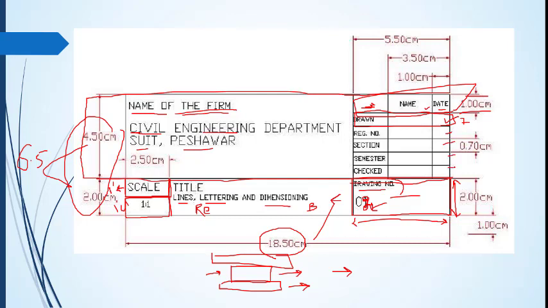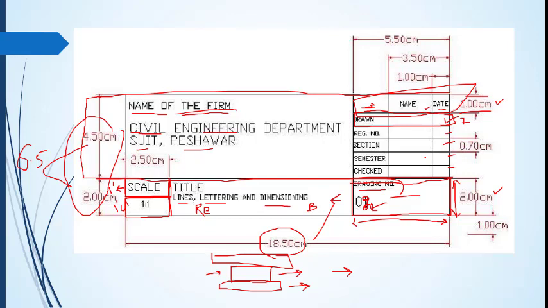This becomes 3.5 centimeters or 35 millimeters, and 1 plus 1 is 45 millimeters, plus 2 centimeters, it becomes 6.5 centimeters.